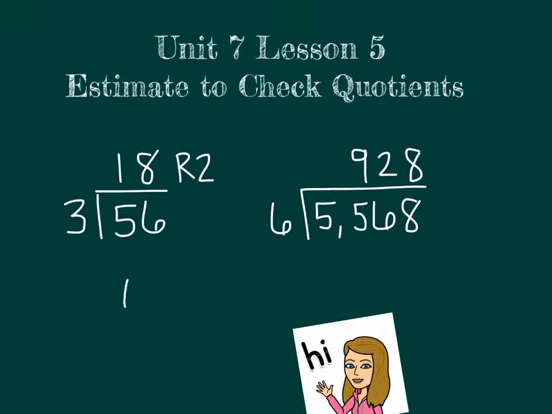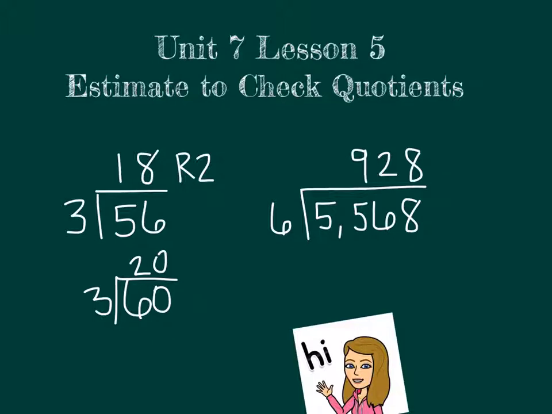So if you imagine 60 divided by 3, think about 3 times what gives you 60? 3 times 20. Now, if you look up above, the answer 18 remainder 2 is very close to 20. So this answer, yes, would make sense.